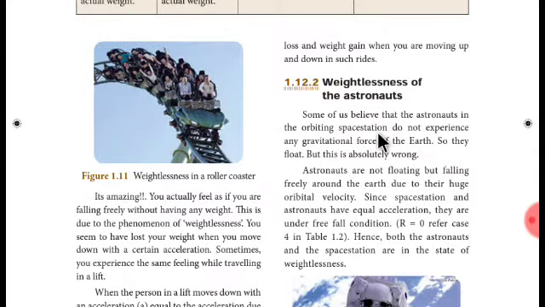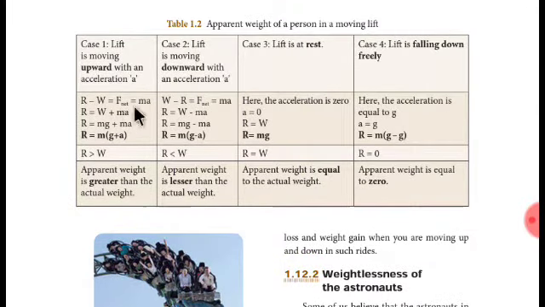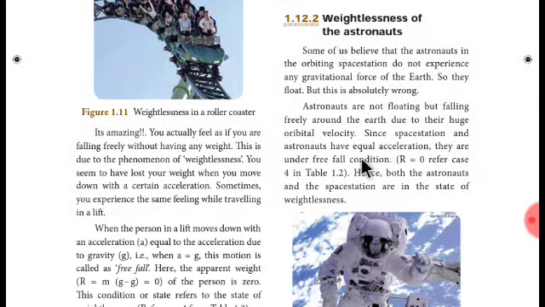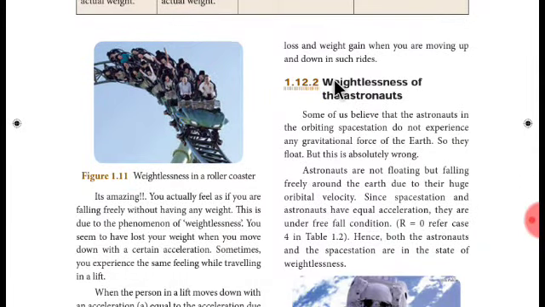There is nothing to explain in this paragraph, because they are saying that you feel you gain some weight if the lift is going up, and you feel you lose some weight when the lift is coming down. That's due to the two cases which I explained in the last lecture. If you can't get that, then kindly watch the last lecture 1.9 and then come back to this lecture.